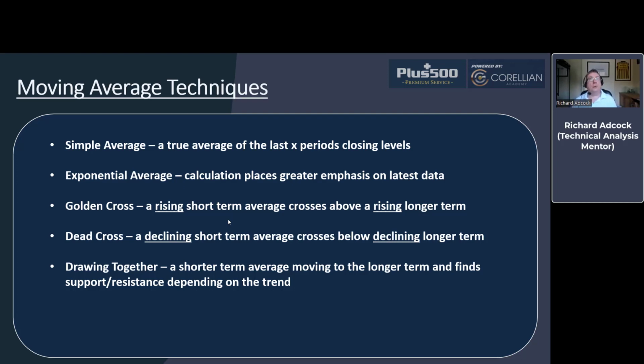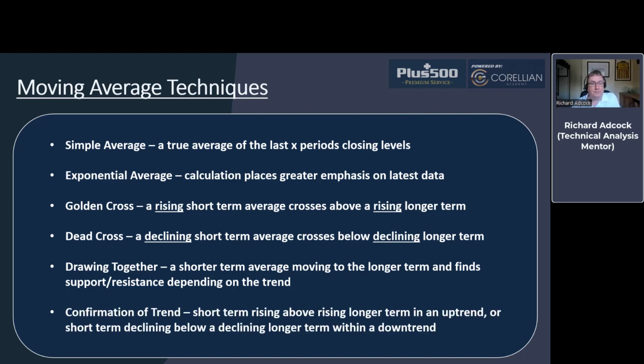Or within a downtrend, the shorter term average rallies back to the declining longer term average, and we turn lower, almost as if resistance is found, and we see reacceleration of the bearish trend. So this drawing together can develop after consolidations, but be an indication that perhaps that consolidation is now ending and that we're now set to resume the longer term trending condition of the market.